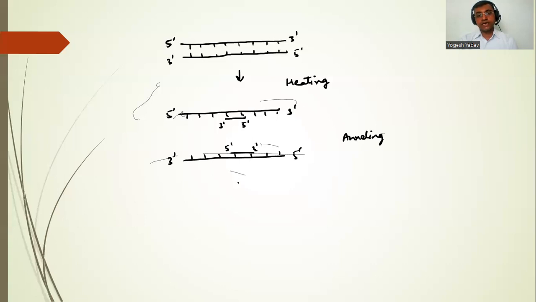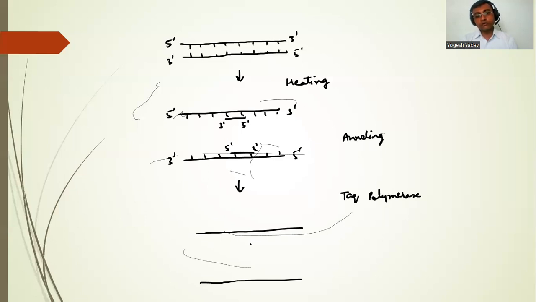And then the extension will occur. That extension occurs with the help of an enzyme known as DNA polymerase or Taq polymerase. With the help of this Taq polymerase, the process of extension will occur, and two complete copies of the DNA will be formed.